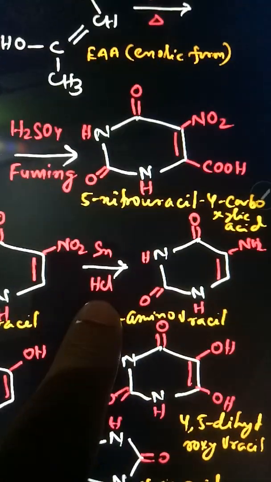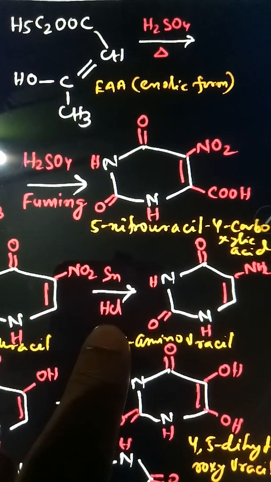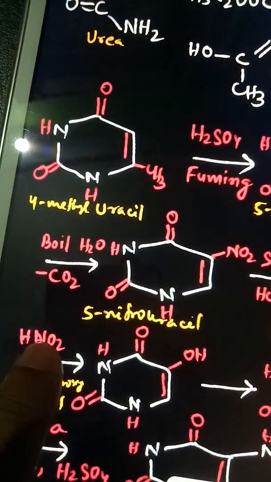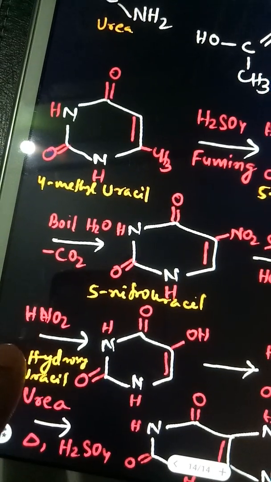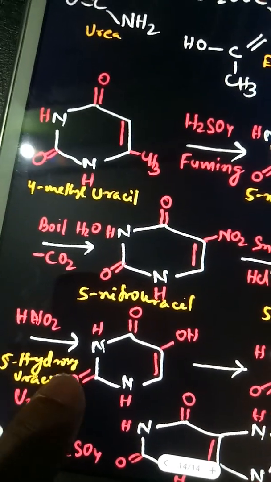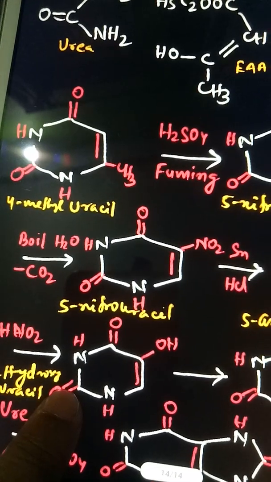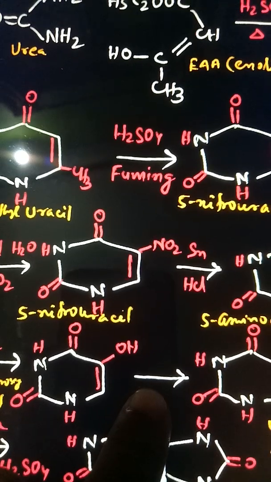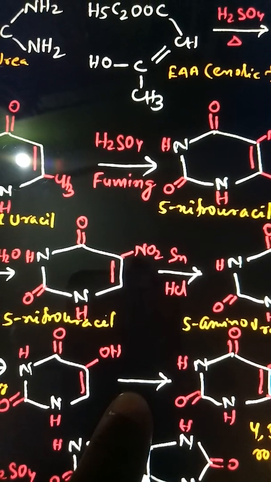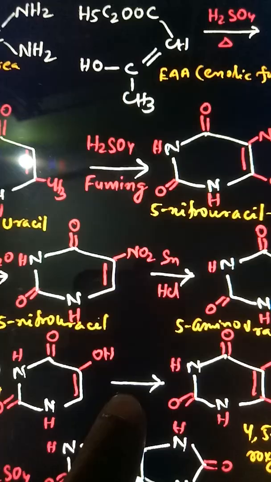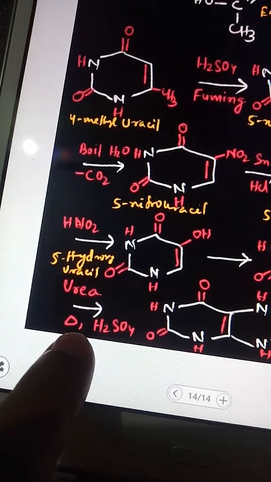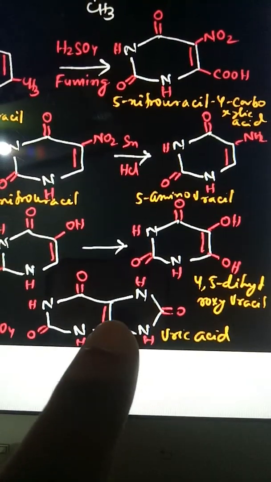In the presence of tin and HCl, this structure is converted into 5-amino uracil. 5-amino uracil reacts with nitrous acid to give 5-hydroxy uracil. 5-hydroxy uracil reacts with bromine and water, it gives 4,5-dihydroxy uracil. And 4,5-dihydroxy uracil undergoes reaction with urea in the presence of sulfuric acid, it gives uric acid.